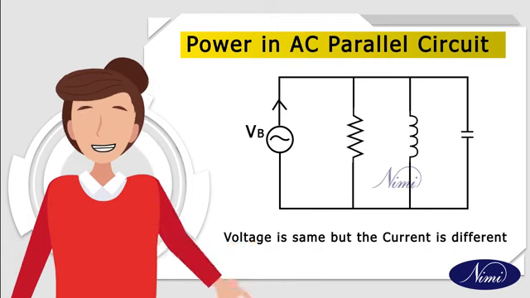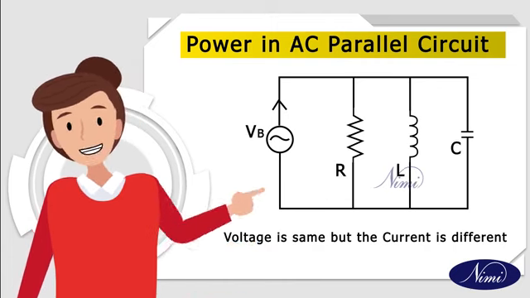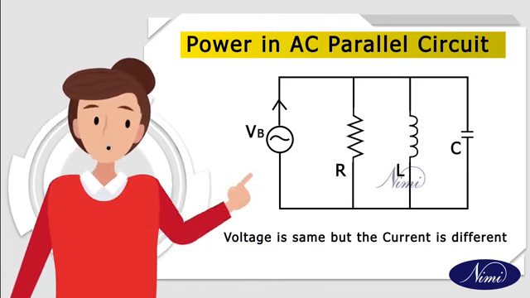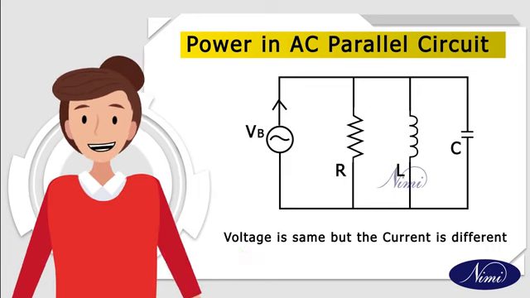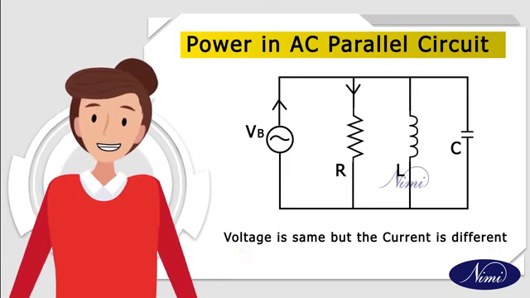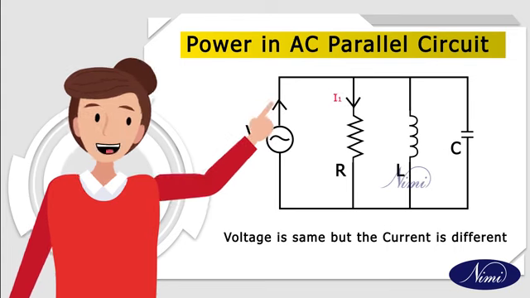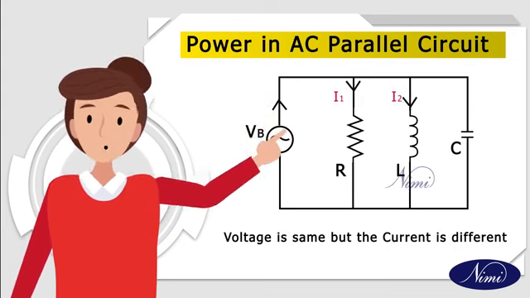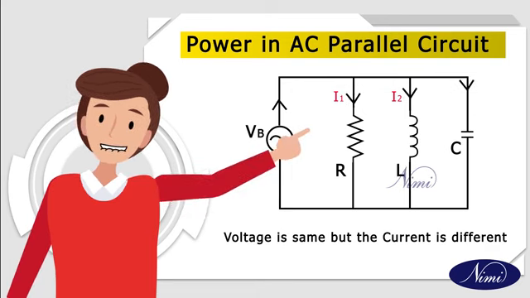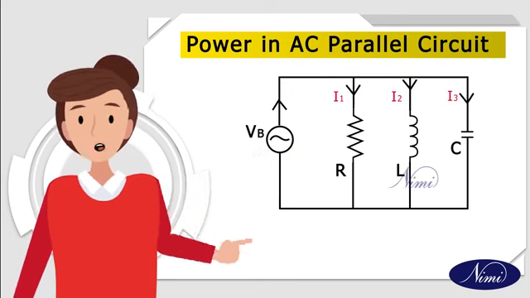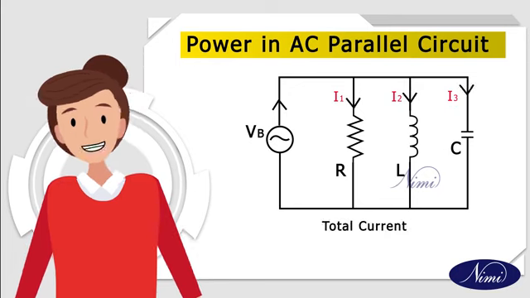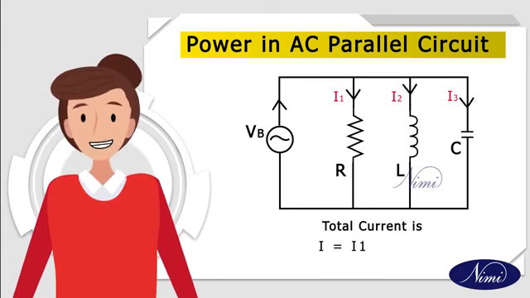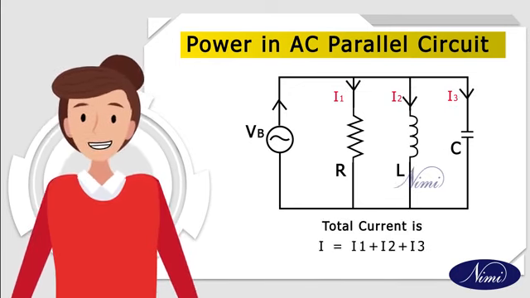Here all the elements R, L and C are connected in parallel. Then we can calculate the current of a circuit. Here the current through the resistor is I1 and current through the inductor is I2 and current through the capacitor is I3. Now we can calculate the total current I, which is equal to I1 plus I2 plus I3.